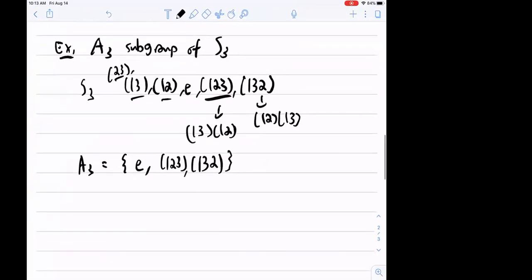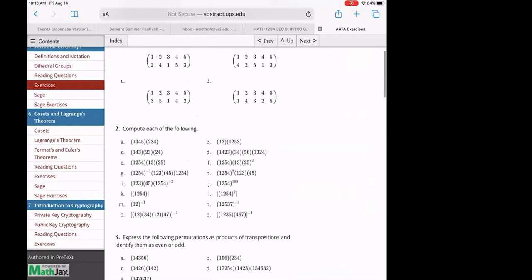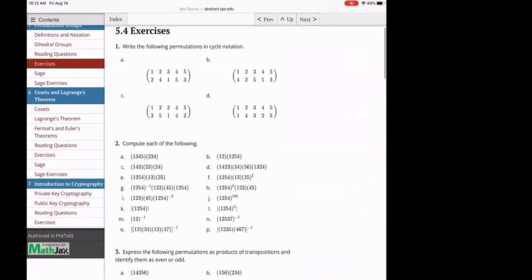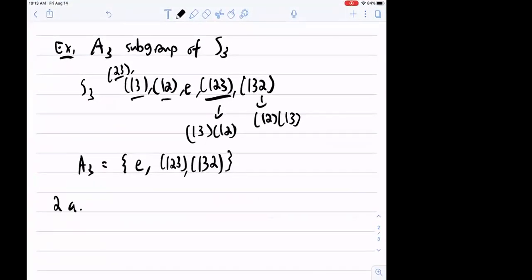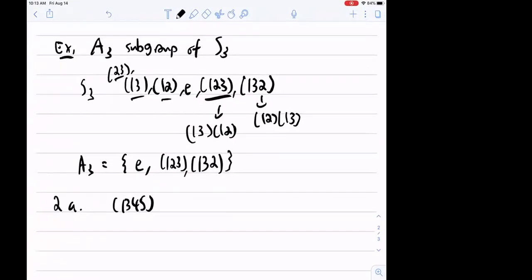Okay, so moving on, let's start doing questions then. Let's start off easy. Let's do 2A: (1 3 4 5)(2 3 4). Just to refresh how things go, pick a number. Most people like starting with 1, so let's start with 1.